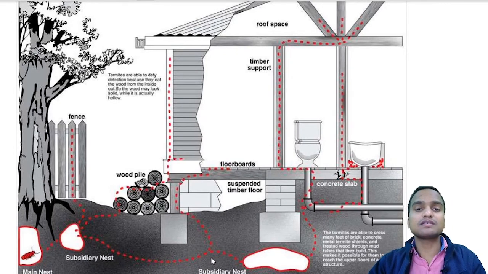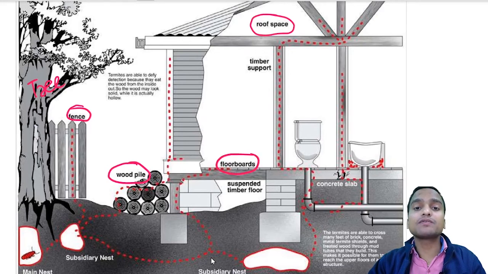So you can see this is my building, okay, and on this building you can see the roof space and the roof eaves, and here is one old tree beside our house, and we have done fencing with wooden strips and some wood pile lying beside our house, and there are floorboards made of timber, and timber supports are also made in our house, and we have also done a concrete slab in our house.